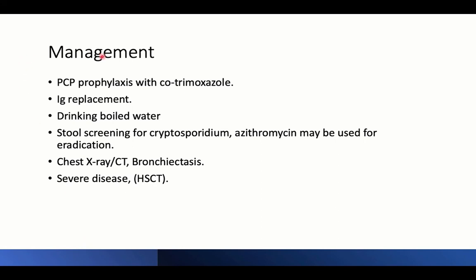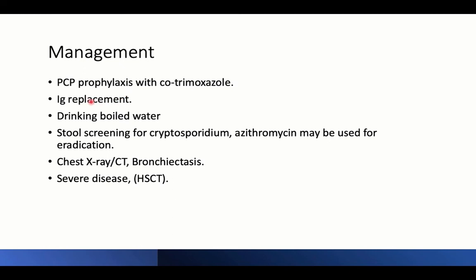The management will be as in any immune deficiency disorder, based on the deficient components of the immune system. We will follow the management protocols. Cellular deficiency necessitates starting prophylaxis against Pneumocystis jirovecii pneumonia with cotrimoxazole.